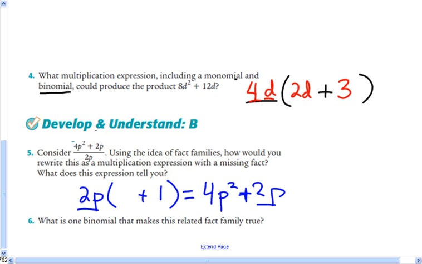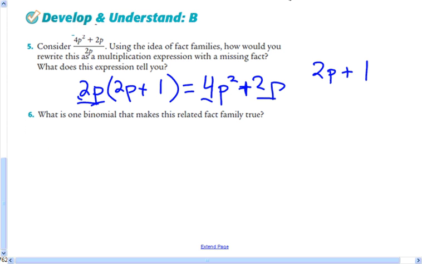Then I just have to think of, well, what number times 2 is equal to 4? And that's 2. And what number times p is equal to p to the second? And that's p. So the missing fact is 2p plus 1. Okay, and number 6 says, what is one binomial that makes this fact family true? And the answer is 2p plus 1.